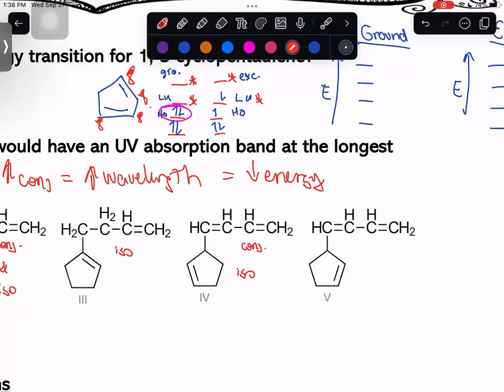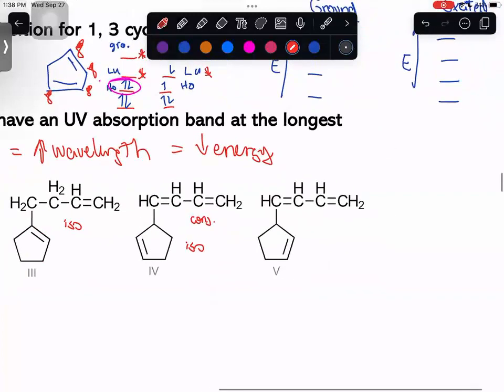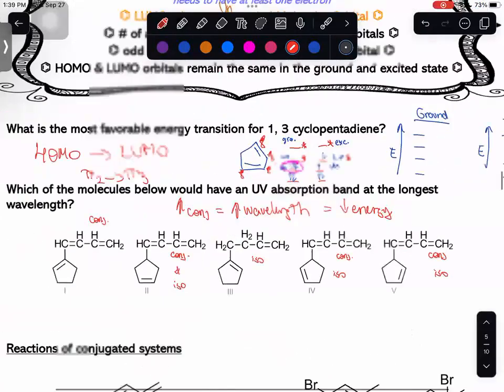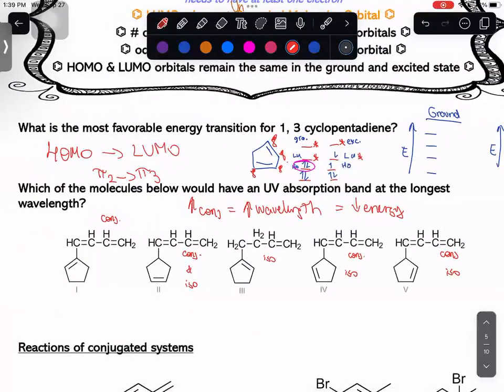The conjugated portion was whenever we had a continuous pair of sp2 carbons, or it pretty much looks like a sandwich: double bond, single bond, double bond. Okay, molecule 5. What kind of system do we see? Conjugated and isolated. So if they're asking for the longest wavelength, we're looking for the more conjugated molecule, which would be molecule 1.